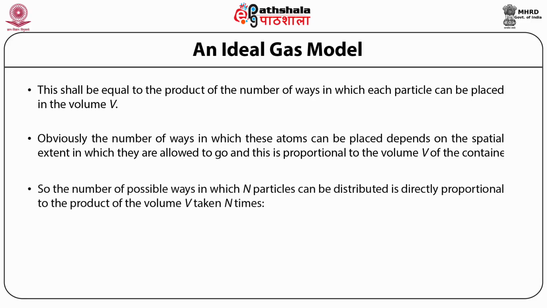So, the number of possible ways in which N particles can be distributed is directly proportional to the product of the volume V taken N times.